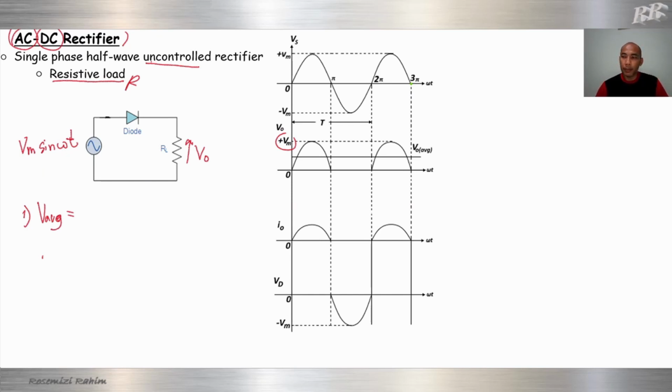So the average output voltage is equal to the area under the curve, so this area, for the time period T. In this case, we just have one curve. Area divided by T, so 1 over T, integration from 0 to pi.